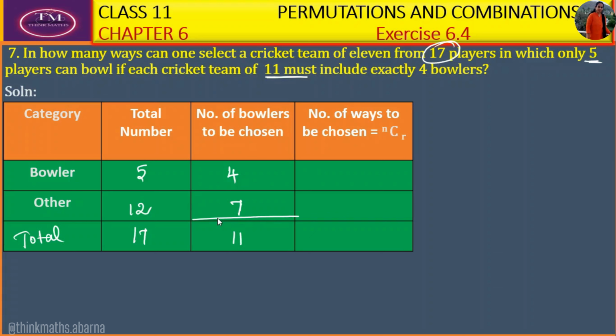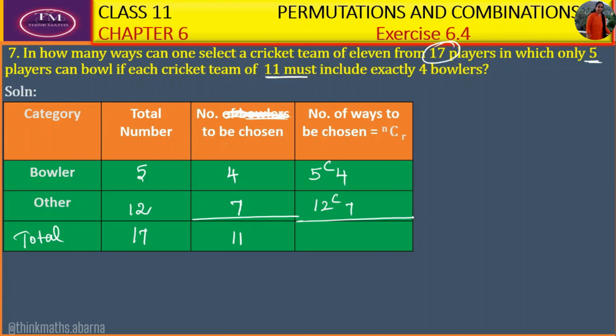So the number of bowlers to be chosen we found, and others also should be chosen here. So the number to be chosen is 4 and 7. So the number of ways: out of 5 bowlers we have to choose 4, then out of 12 we have to choose 7.